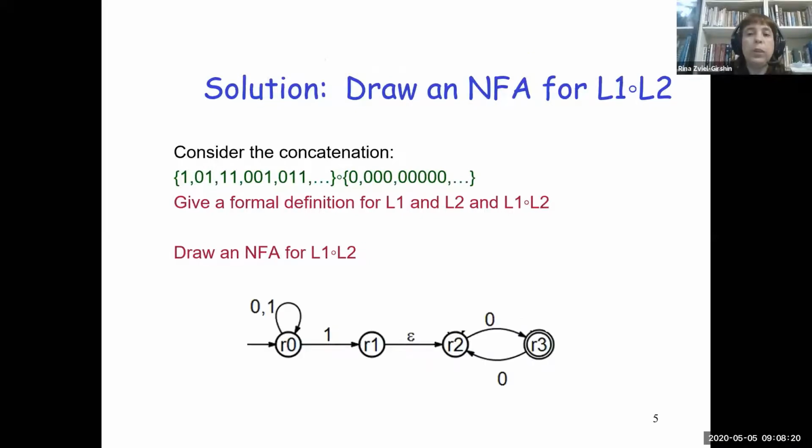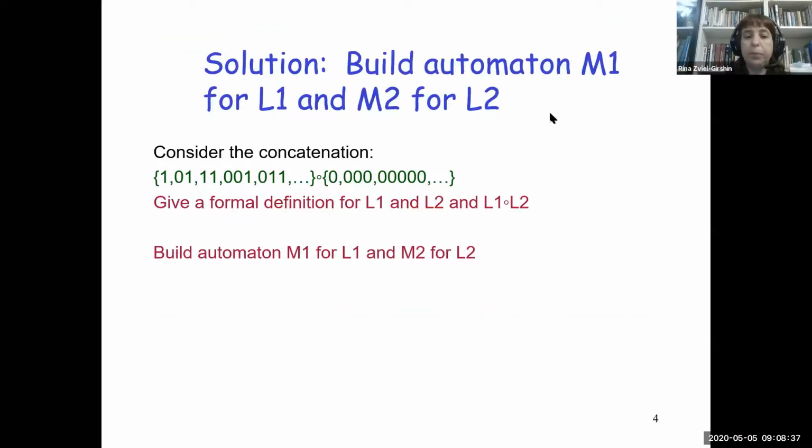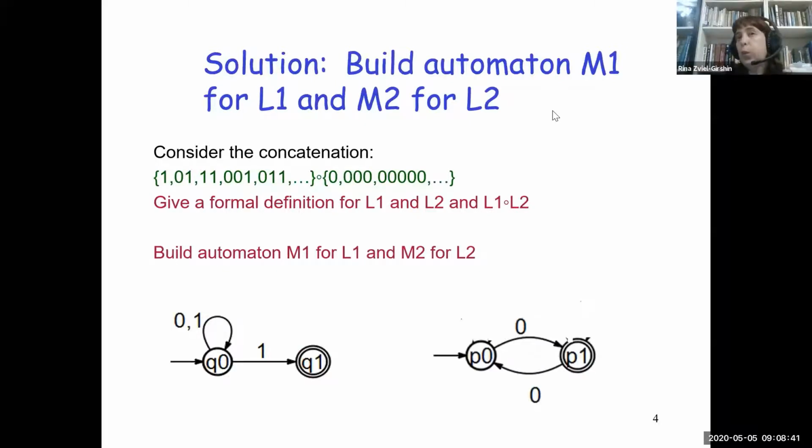Some student asked how they can now give the formal definition of this automaton. So please pay attention, I did a renaming of the states. Previously, in previous slides, I had states named Q0, Q1 and P0, P1.